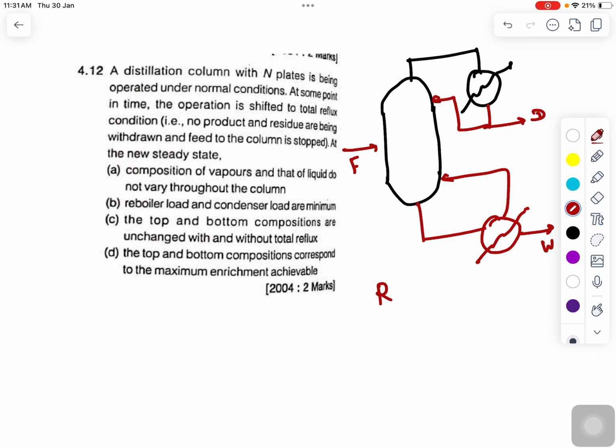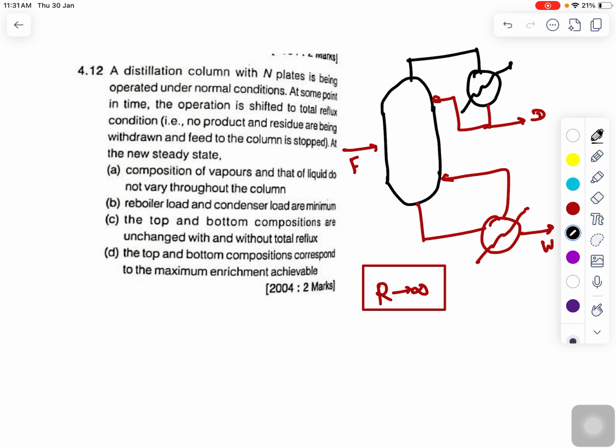So when total reflux condition is there, the reflux is tending to infinity. So in that condition what will happen, you can see that the top and bottom composition correspond to the maximum enrichment achievable, right? Why? Because whenever it is shifted towards the total reflux condition, then definitely the more volatile component which is in the liquid phase will start coming more and more into the vapor phase.